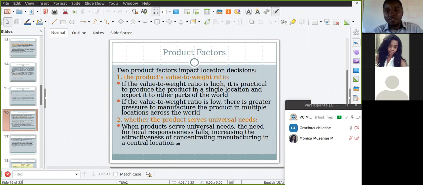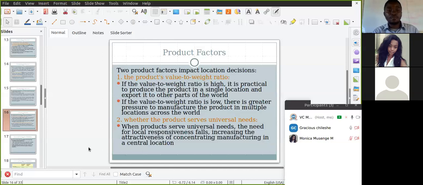Whether the product serves universal needs. When products serve universal needs, the need for local responsiveness falls, increasing the attractiveness of concentrating manufacturing in a central location. So it depends.